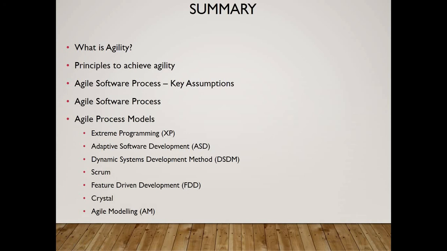Next, the dynamic system development model. Next, the Scrum model. In it we discussed the 1 month sprint, the 1 day working plans, and the 15-minute standing meetings. After it, we discussed FDD, feature driven development, the Crystal model, and Agile modeling. So that is it for our second unit, and that is it for this video lecture.